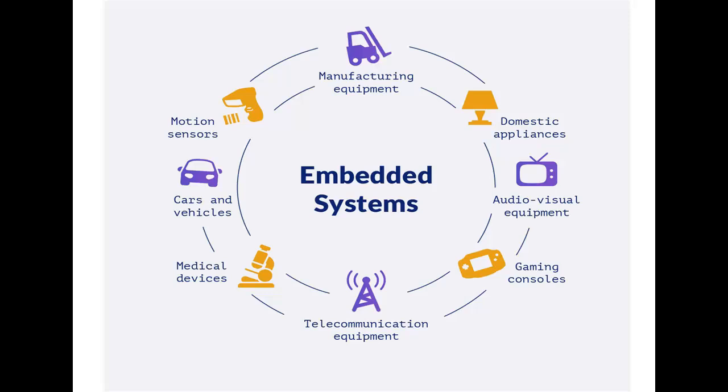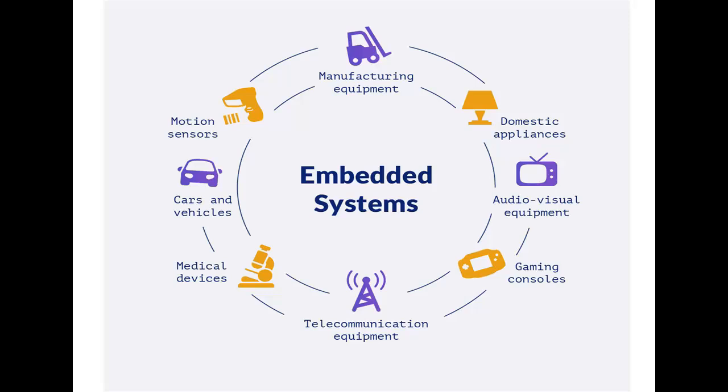In telecommunication we are using a number of appliances that are embedded systems. In hospitals, we are using a number of medical devices to measure different diseases or tests, which are also embedded systems. In the automobile industry, in cars and vehicles, we are using a number of devices with their applications, like motion sensors.